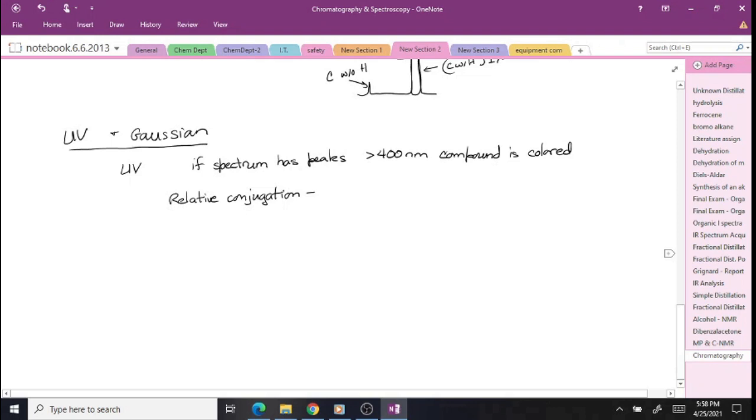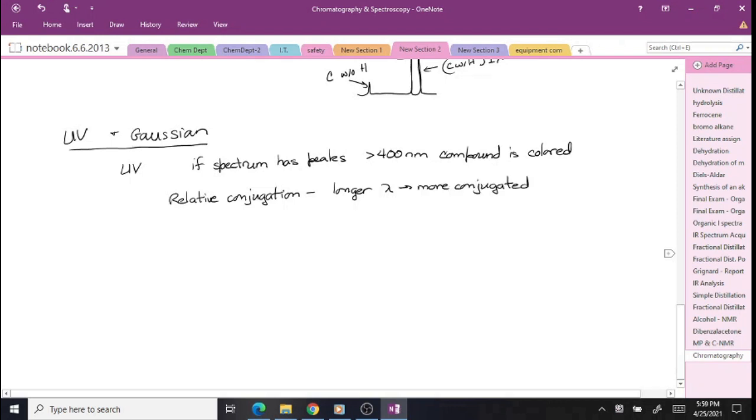For relative conjugation, what we are looking for is the longest wavelength peak that we see in the spectrum. The spectrum may have multiple peaks, but we don't care about the shorter ones. What we want to look at is the longest peak. The longer the wavelength, the more conjugated the compound is.